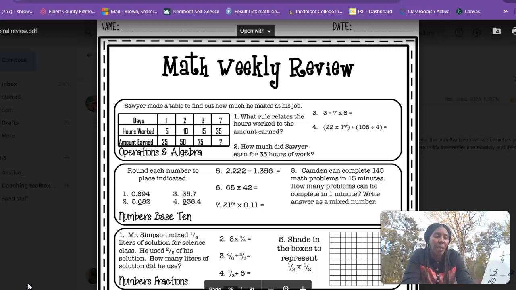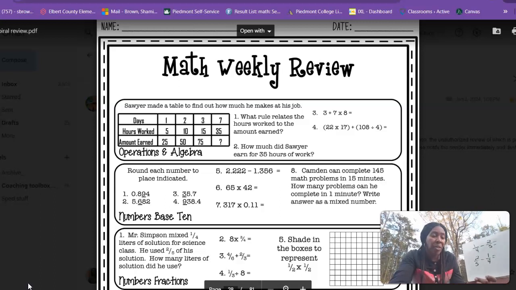Okay, so it's asking me how many did he use. So if he used 2/5 and he started with 1/4, I need to subtract. I need to swap them around. So I would have to do 2/5 minus 1/4, to find out what the difference is, how much he actually used. So I know 20 is my denominator.